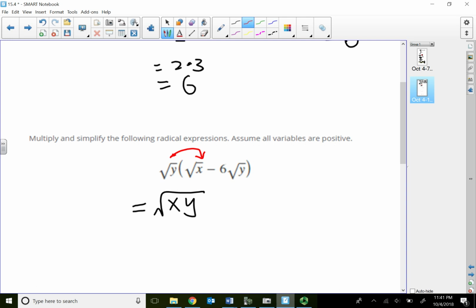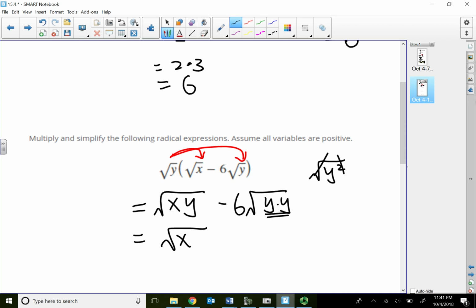The square root of y times negative 6 square root of y is negative 6 times the square root of y times y, which is y squared. So the y squared cancels out with the square root, or you can say the two y's come outside as one y. My final answer is the square root of xy minus 6y.